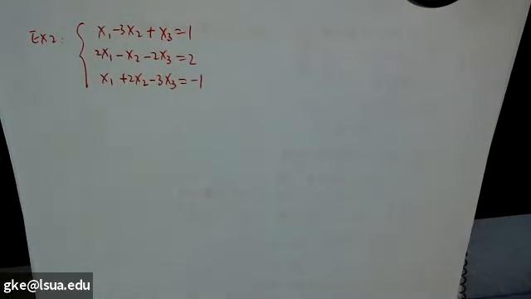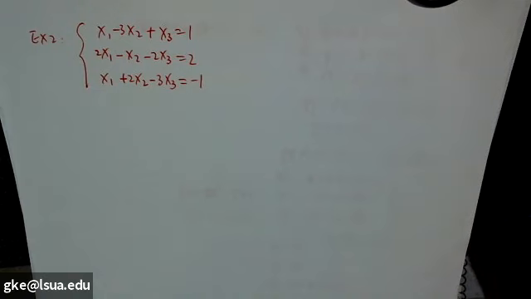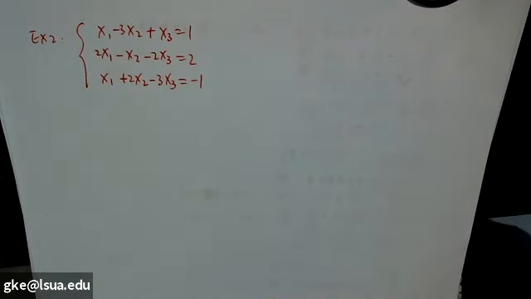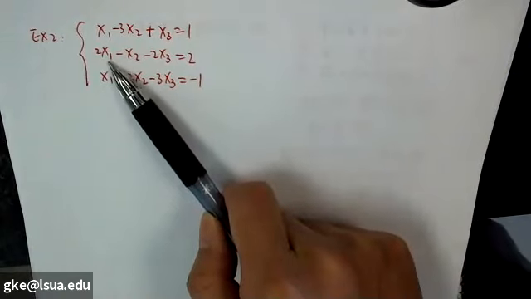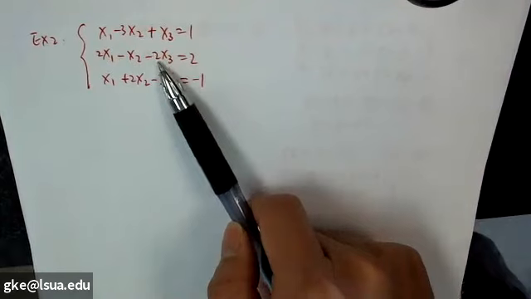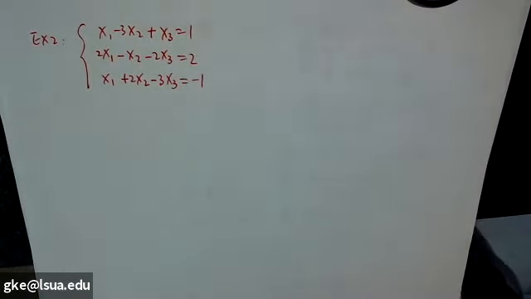Three variables, x, y, z. As you change it to x1, x2, x3, the same things. Second line, instead of 3x1, we have 2x1. 2x1 subtract x2 minus 2x3 equals 2.